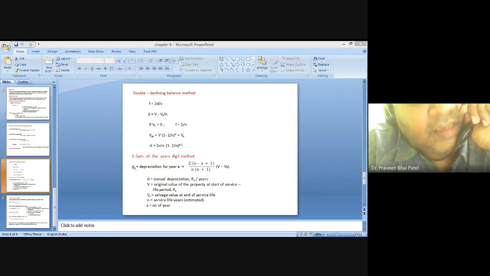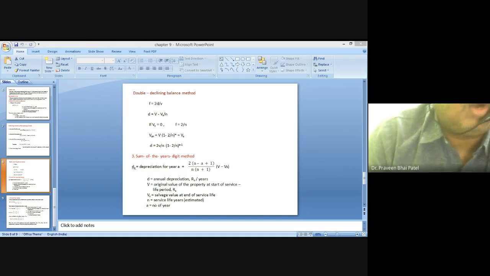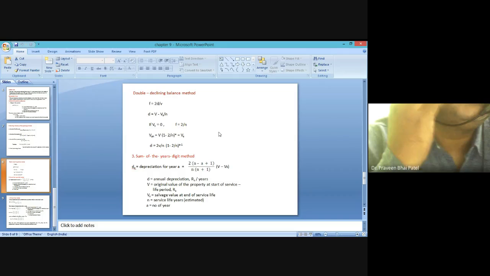As a result, companies opt for the DDB method for assets that are likely to lose most of their value early on, or which will become obsolete more quickly. So how are you going to do that? I will tell you again with the example which I have taken earlier. So this is the formula.